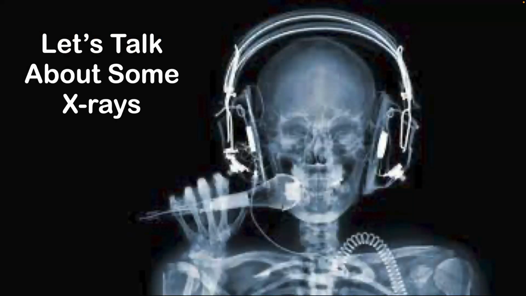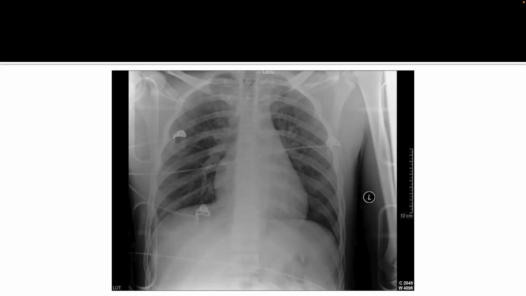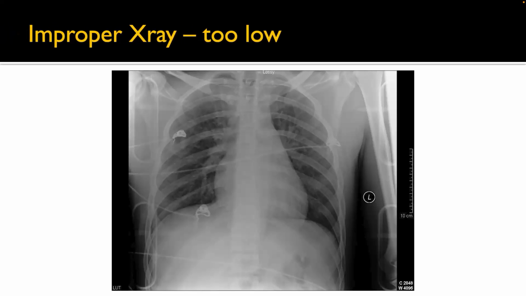So we're going to go through some cases and let you look at them for the first few seconds, and then we'll go further. Okay. For this one, pretty much straight up, unfortunately too low. We can see a lot of the abdomen, but we're missing everything up higher.